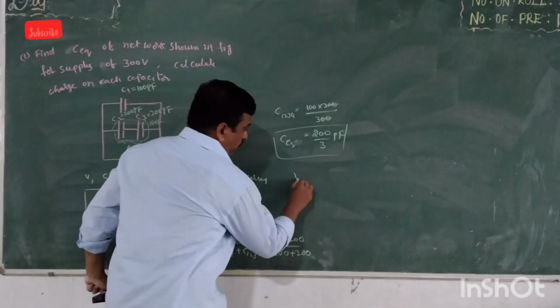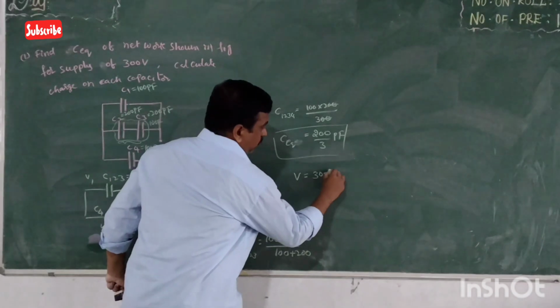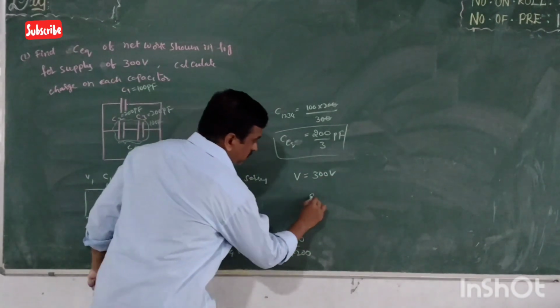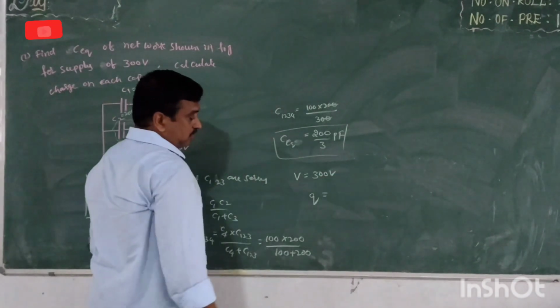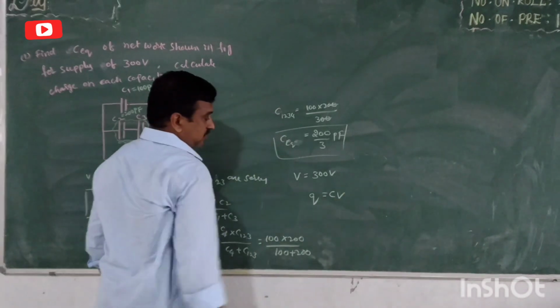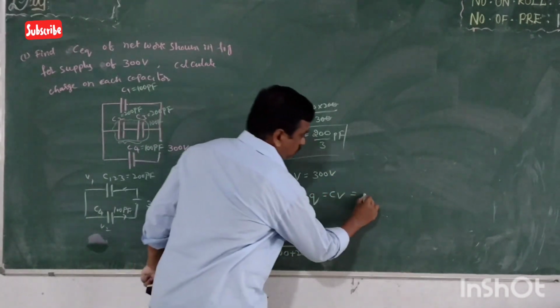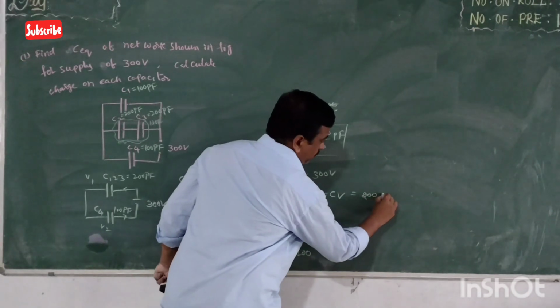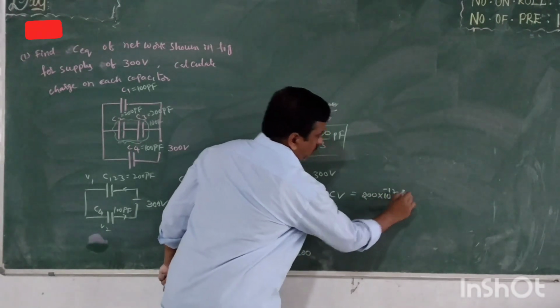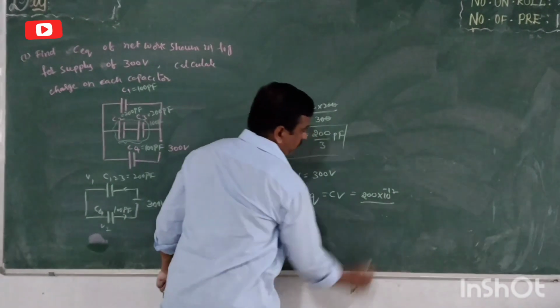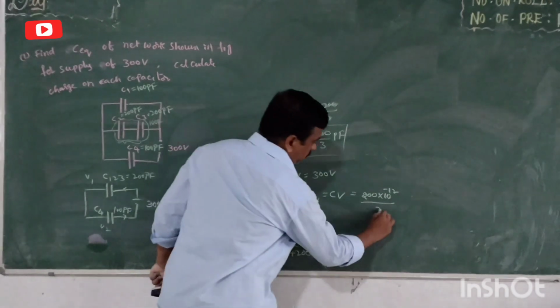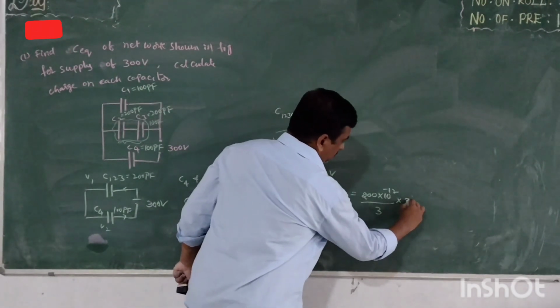Here the voltage is 300 volts, and we want to find the charge. Charge equals C into V, where C is the equivalent total capacitance. So 200 into 10 power minus 12, since 1 pico equals 10 power minus 12, by 3, into voltage 300.